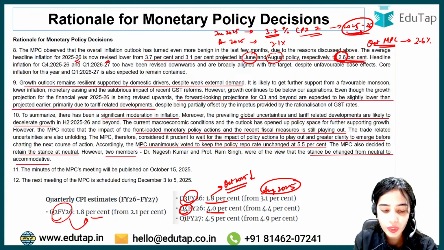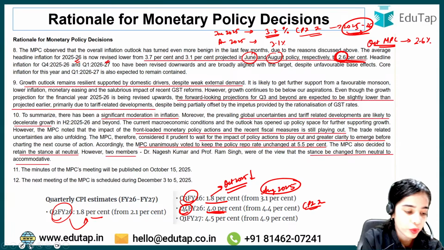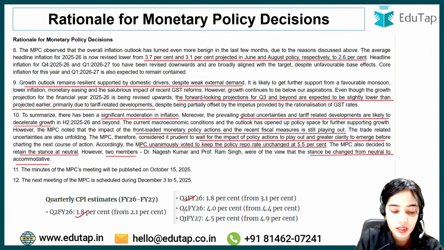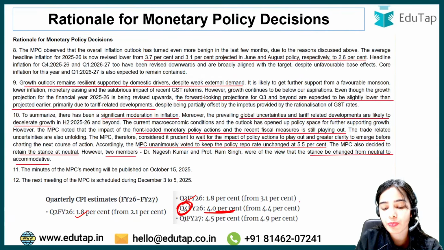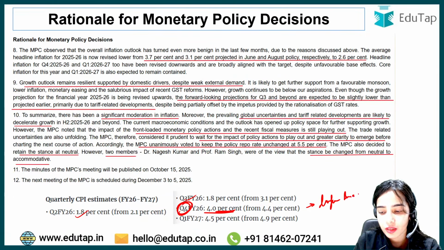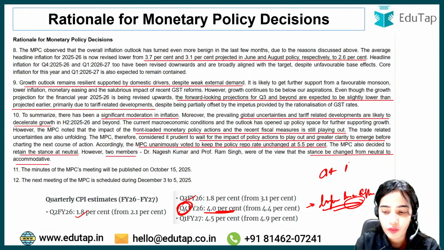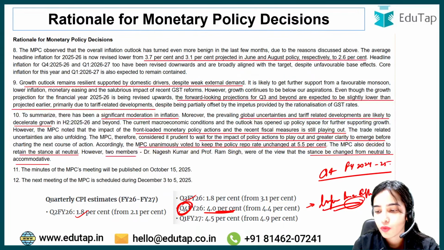Now in quarter 4, you can see that CPI inflation will be higher in comparison to other quarters. In quarter 4 specifically, because of the unfavorable base effect, because quarter 4 of the financial year 2024-25 was very low.